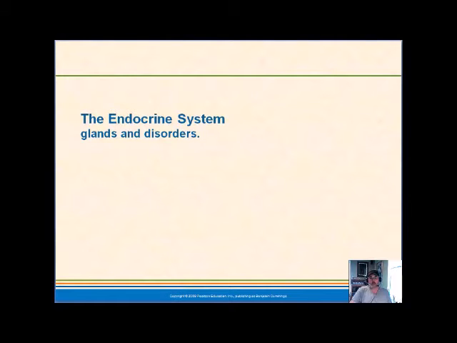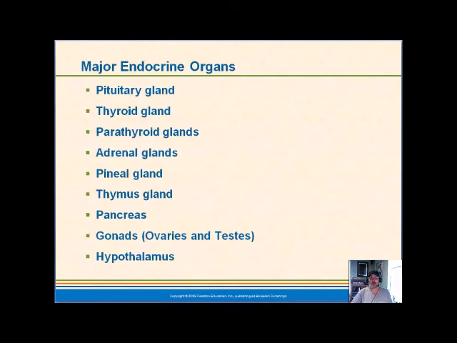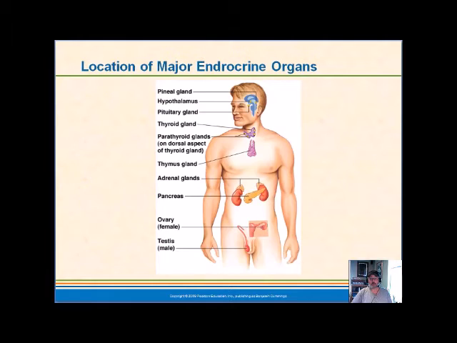So now we're going to talk about the glands and disorders associated with the endocrine system. Now, the major endocrine organs we've already discussed: pituitary gland, thyroid gland, etc. And in the previous presentation, I noted that you needed to memorize these glands and the hormones that they produced.